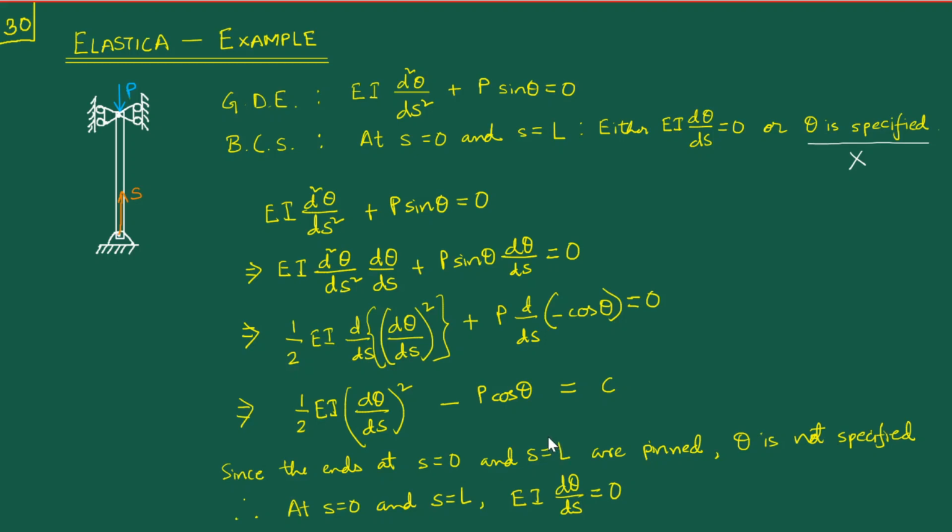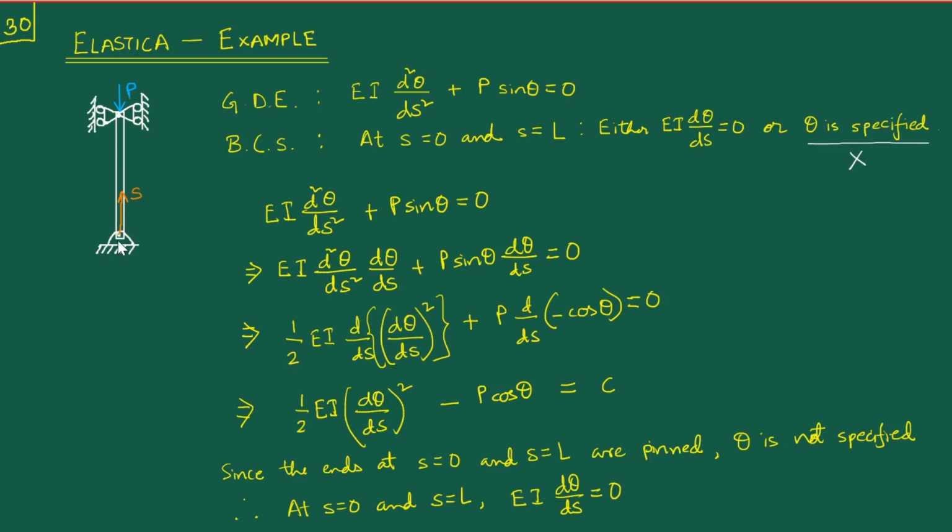Right now as things stand, we simply don't know how to deal with this unknown theta. The only thing that we can say, however, is that because this entire situation is symmetric at s equal to 0 and s equal to L, if it buckles, it'll buckle like that.